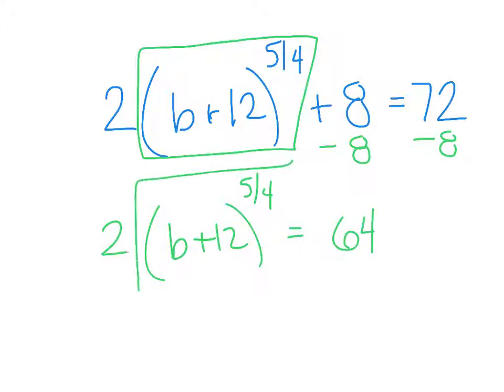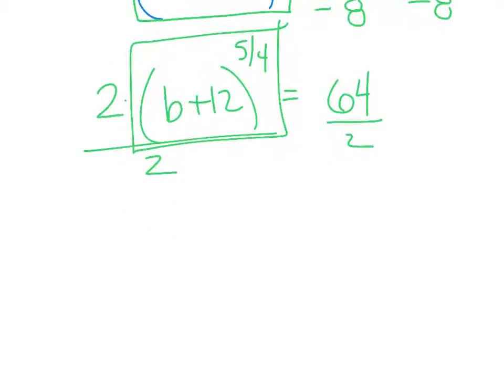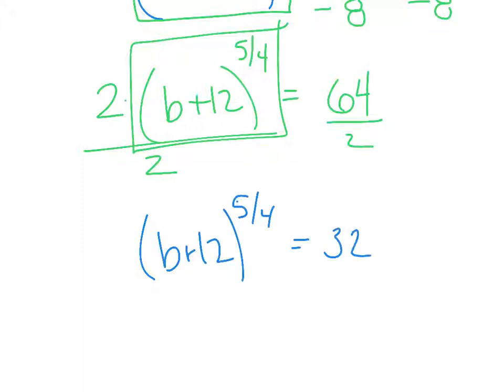Okay, I have to isolate that term, so that says 2 times that quantity, divide by 2. So I've got my b plus 12 raised to the 5/4 equals 32.